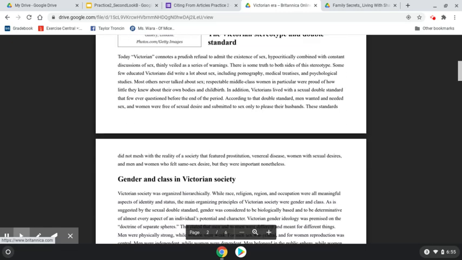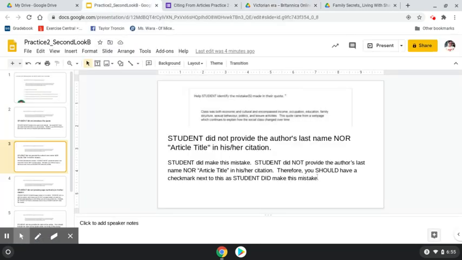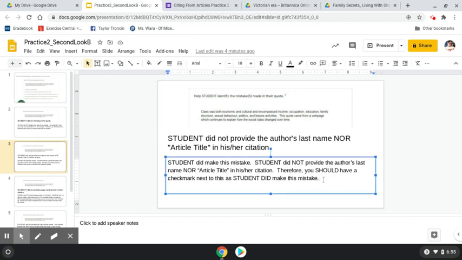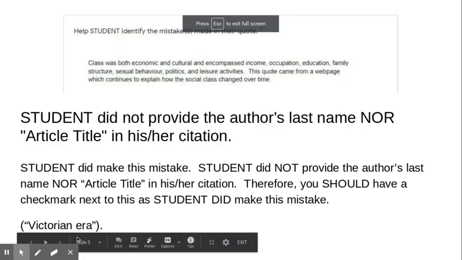Anyways, so if they were going to cite from this here, it would have been parentheses, quotation mark, Victorian era, end quote, parentheses, period. Okay, so that's what that would look like if they had included it.